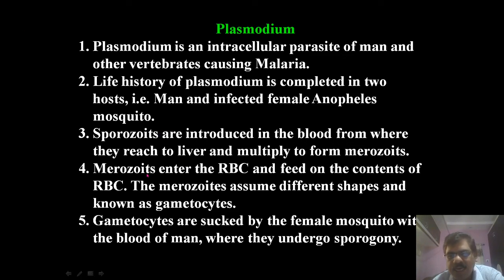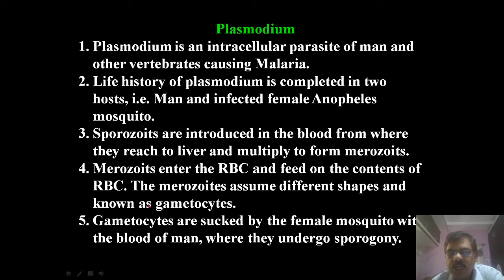Then the merozoites enter into the RBC and feed on the contents of RBC. The merozoites assume different shapes and are known as gametocytes. And these gametocytes from the body of the human being are taken by the mosquitoes.